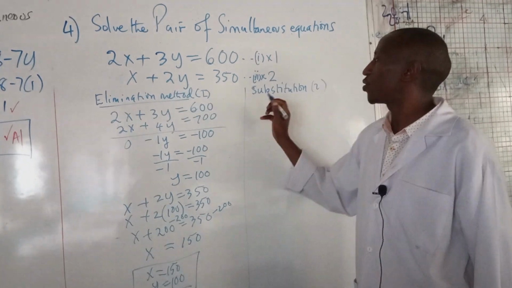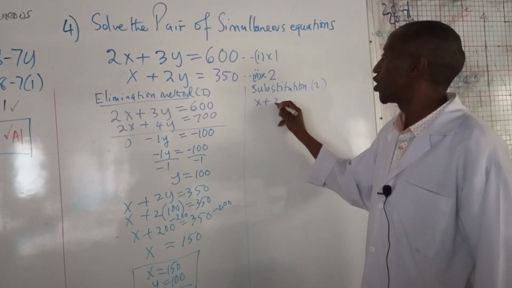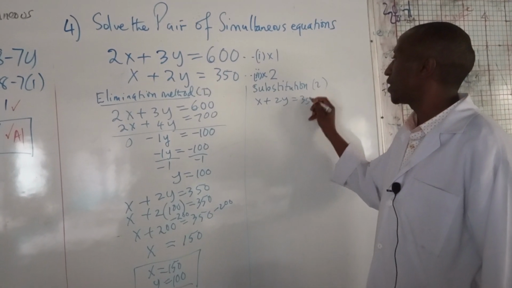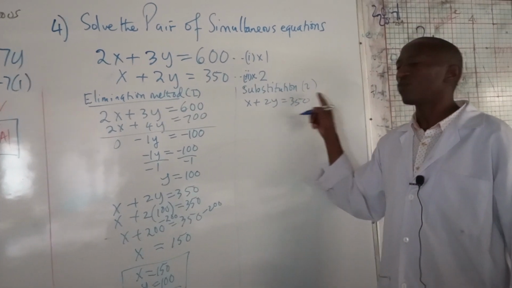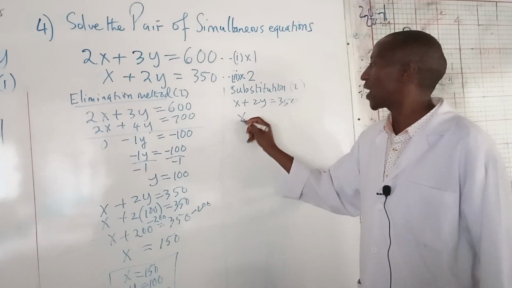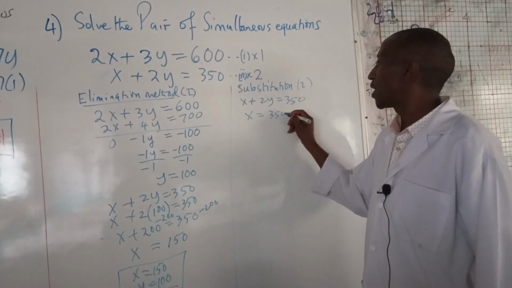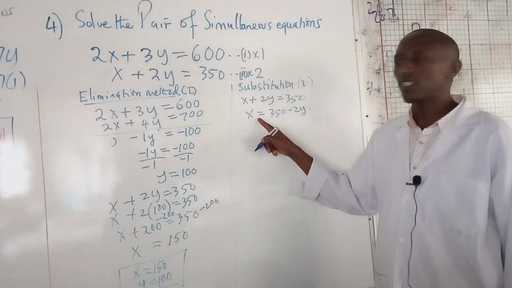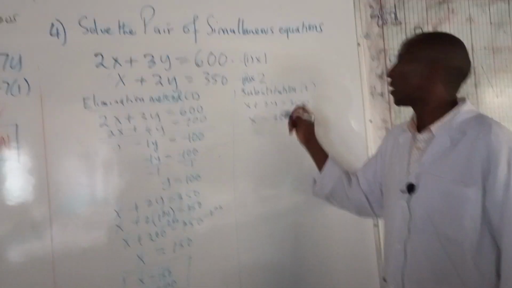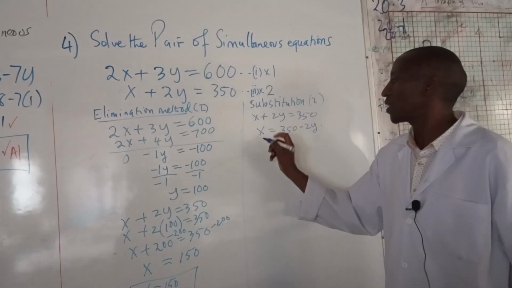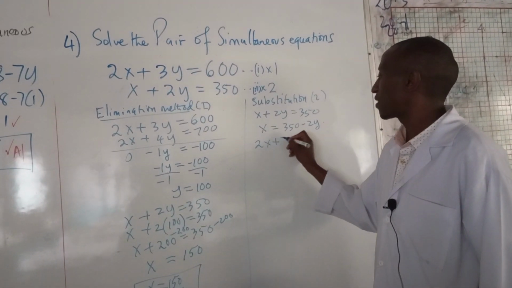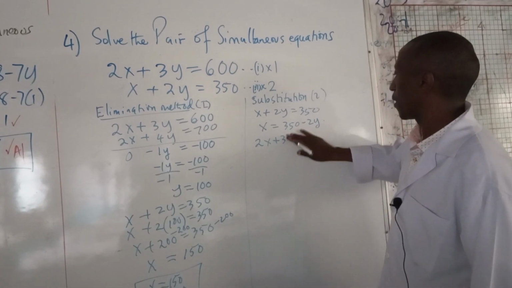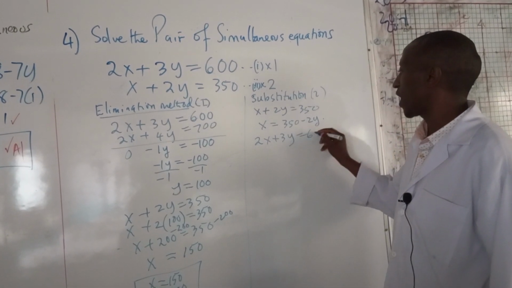So we're picking on equation 2 as x plus 2y is equal to 350. We can push this onto this other side so that it gets x is equal to 350 minus 2y. Now with this as the simple equation, we shall match this with that and say 2x plus 3y is equal to 600.